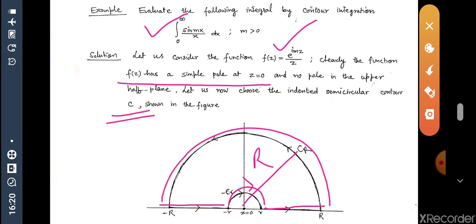Now we solve this integration by contour integration using the Cauchy residue theorem.